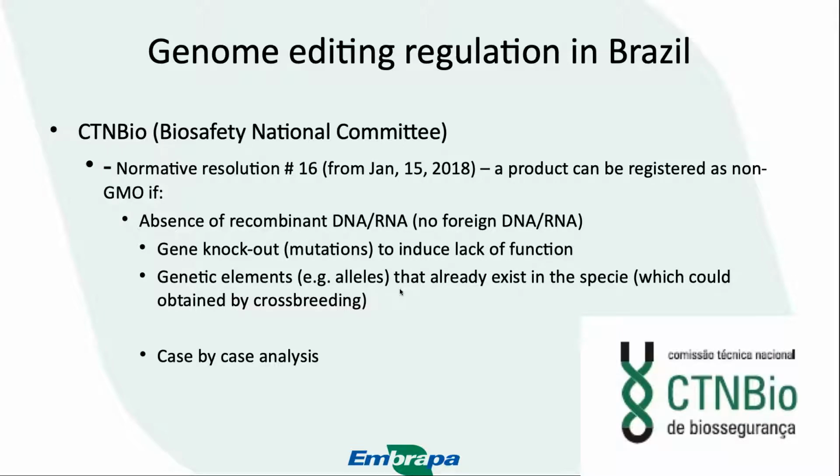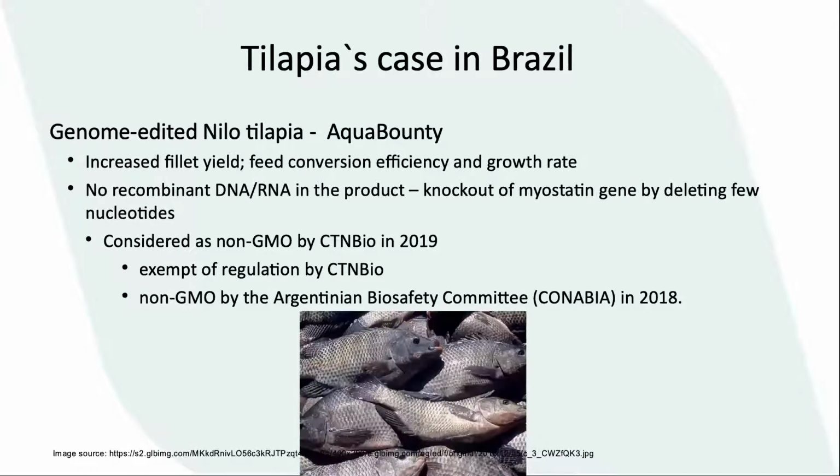I will give you the example of tilapia fish. The genome edited tilapia fish was produced by the company AquaBounty. It has a mutation, a knockout of the myostatin gene, the same gene I mentioned earlier. So it's just a knockout of the myostatin gene.